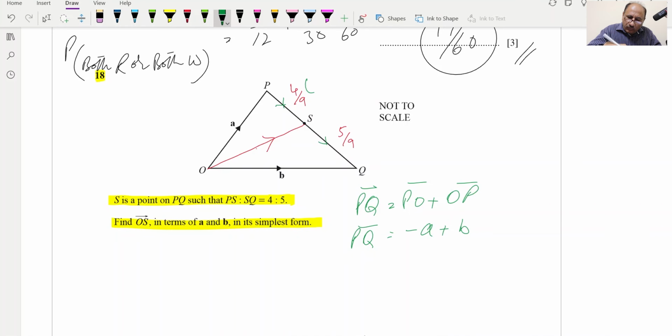So this will be 4 by 9 of minus A plus B, and this will be 5 by 9 of minus A plus B. And we can find basically OS.